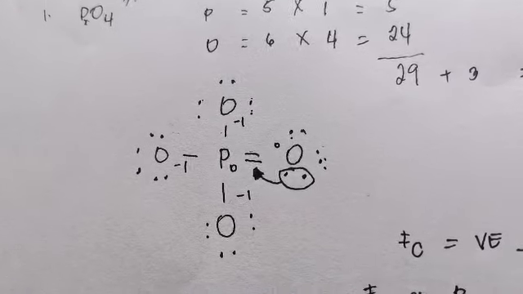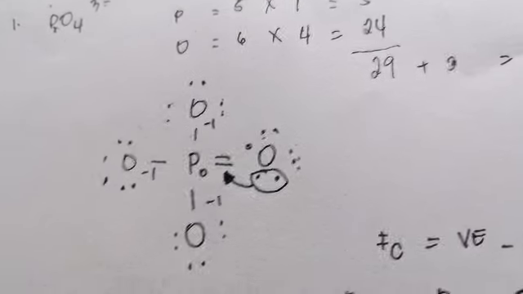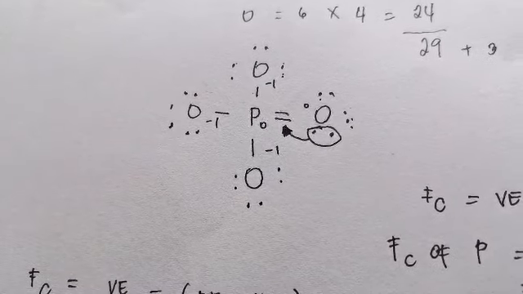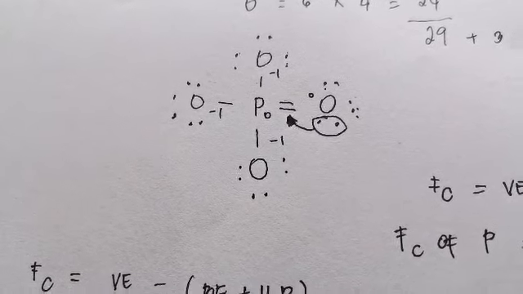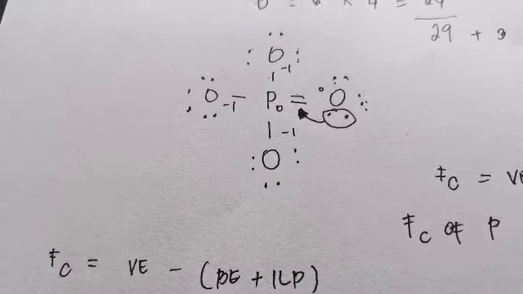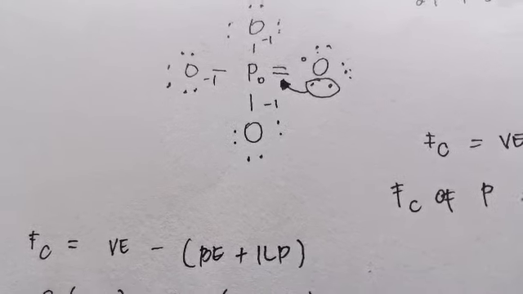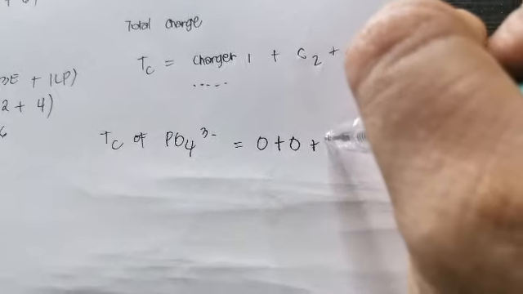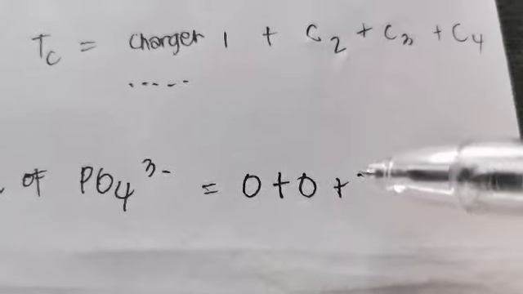So again, what are the charges present in the structure? You have 0. How many 0 do you have? You have 2. So 0 plus 0. And how many negative do you have? Oh, meron kang tatlo. So you have tatlo pong negative yun.